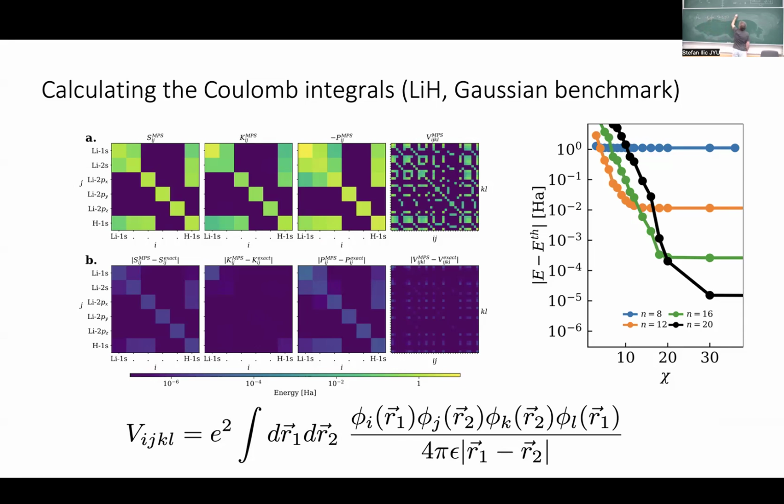Minus the integral dr of e squared over 4 pi epsilon, sum over i, of Z_i over |r minus R_i|, psi dagger psi at r sigma.